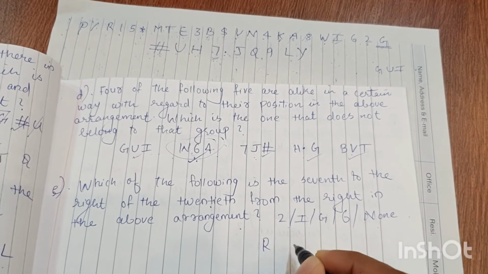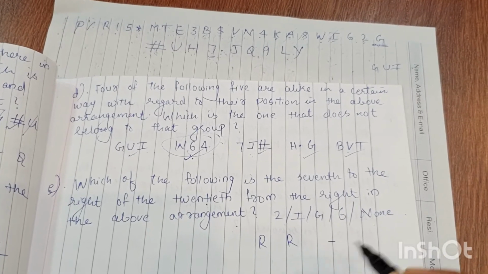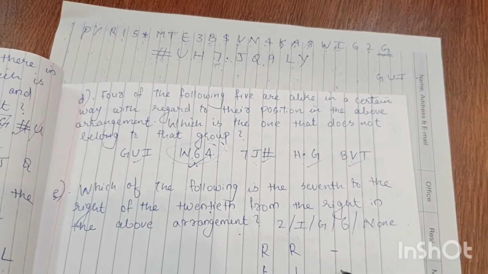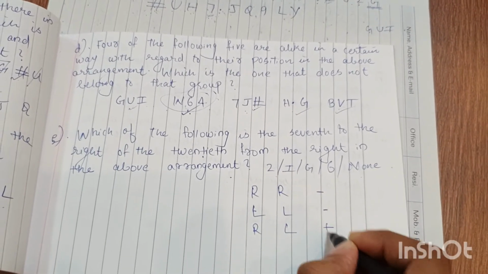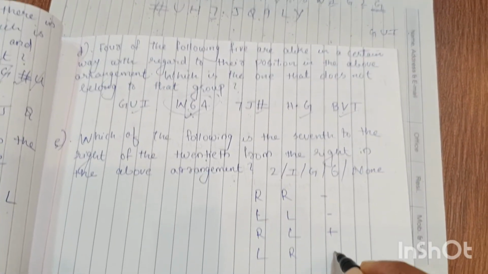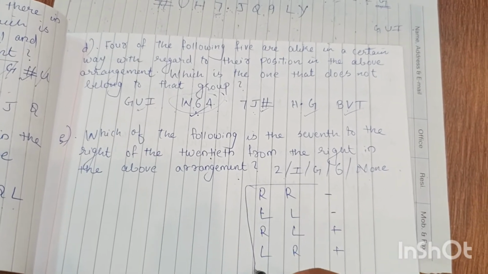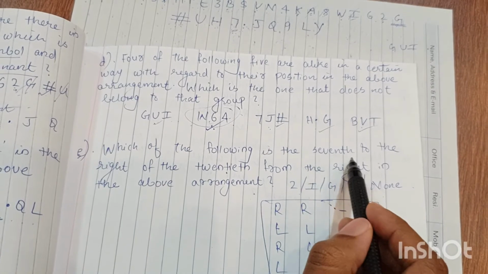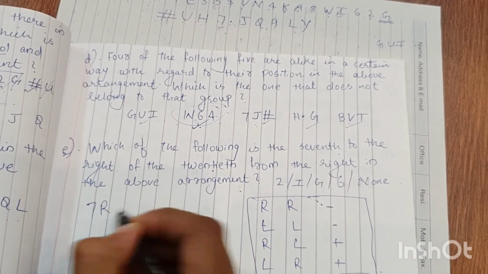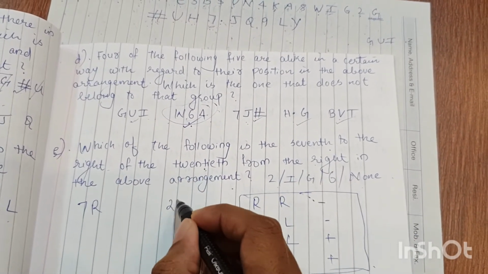That is, 2 right means you have to minus, 2 left means you have to minus. When a right and left comes, you have to add. When left and right comes, you have to add. Okay. So remember these conditions, and now we can do the answer. 7th to the right, 20th from the right.